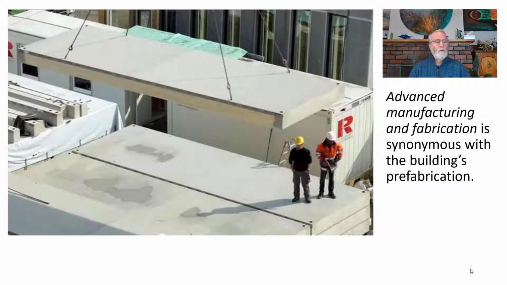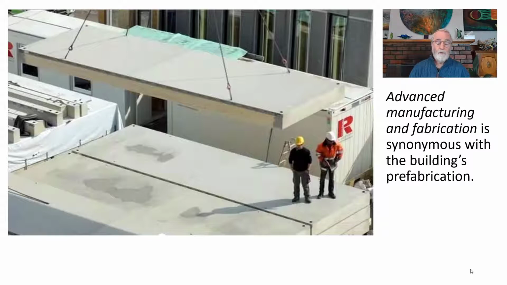So we're talking really about advanced manufacturing and fabrication, but in this context, it can be quite synonymous with building prefabrication. So if we're looking in terms of context, a building that is prefabricated may have advanced manufacturing and fabrication in it, but it might just be manufactured and fabricated.